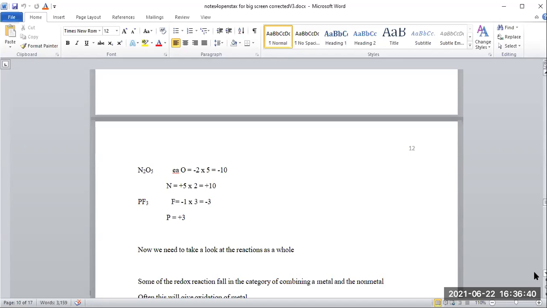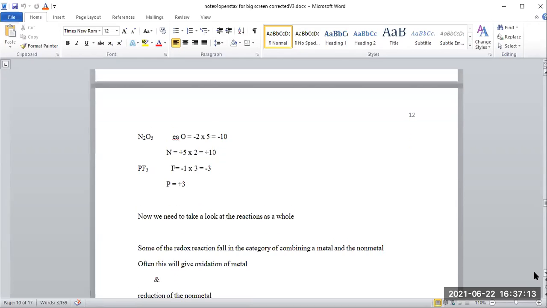Fluorines are negative, -1. I've got 3 of them. In this case, my fluorines are -1, but my phosphorus is +3. It is not fluorine, and it is a couple of chunks away from fluorine, so it has to be the positive one. All right, so these are all the rules for the molecules in terms of oxidation numbers.